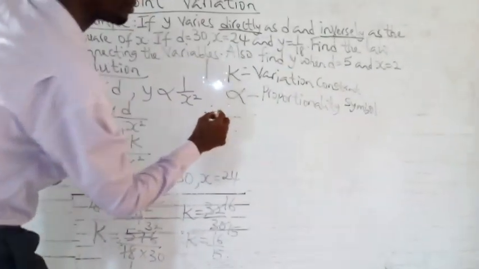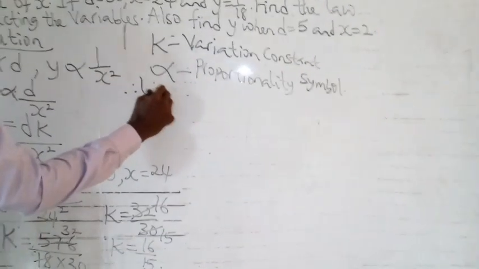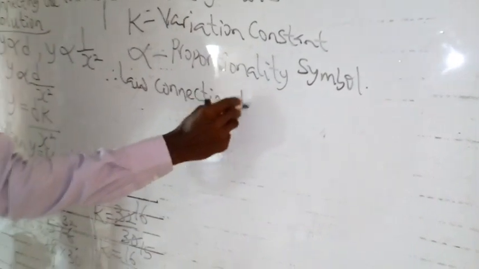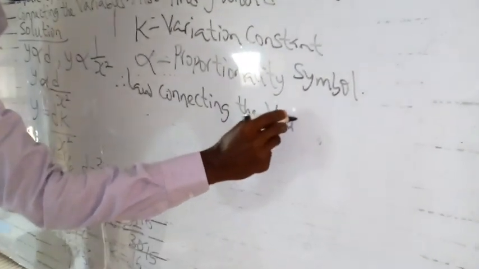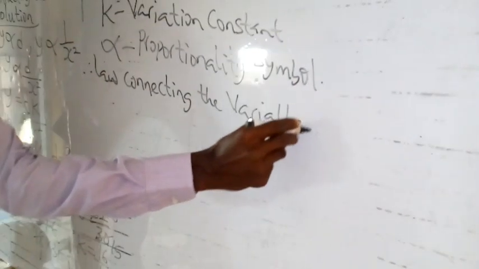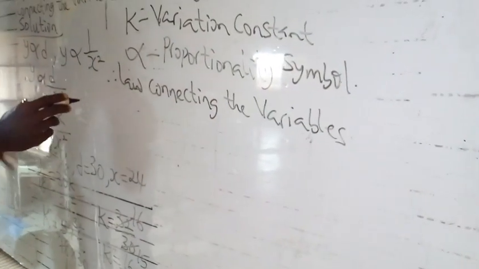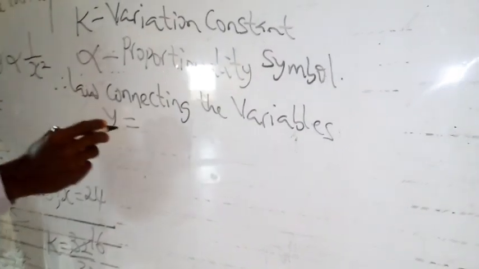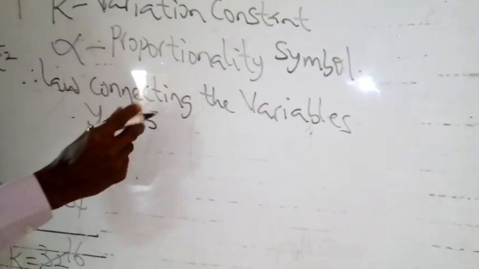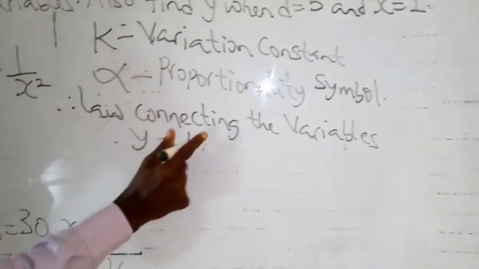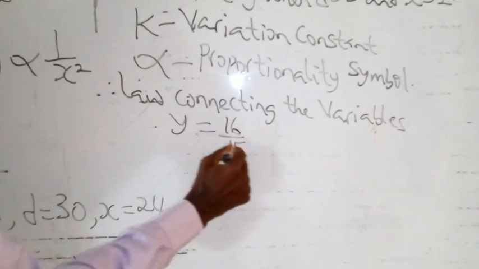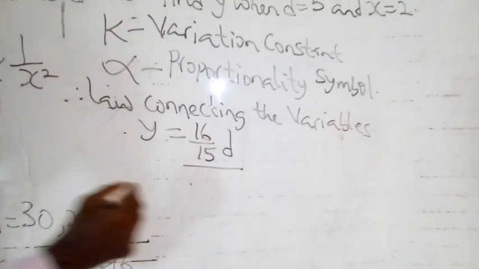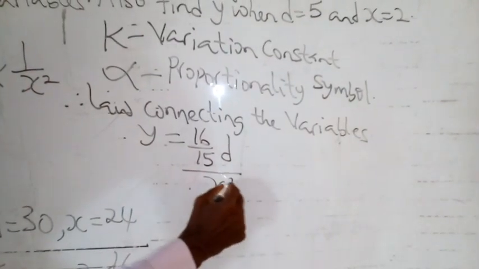So therefore, the law connecting the variables is now going to be y equals, our k is 16 over 15, d over x squared.